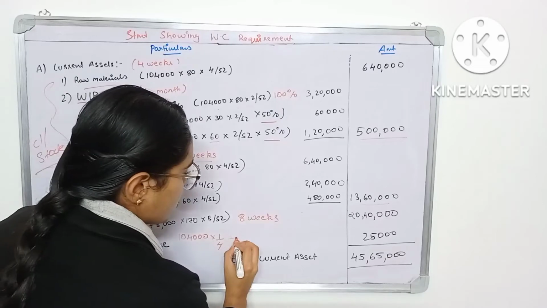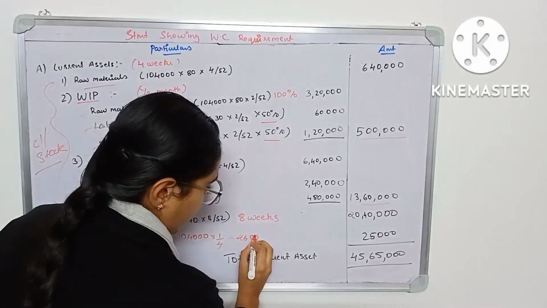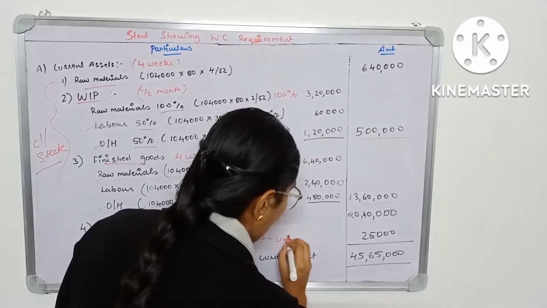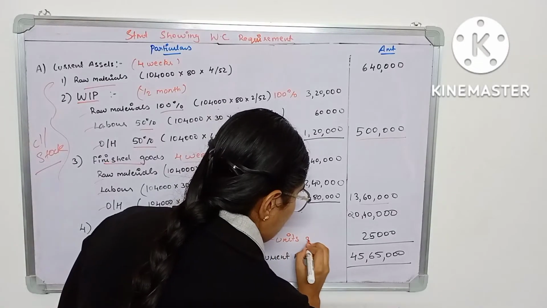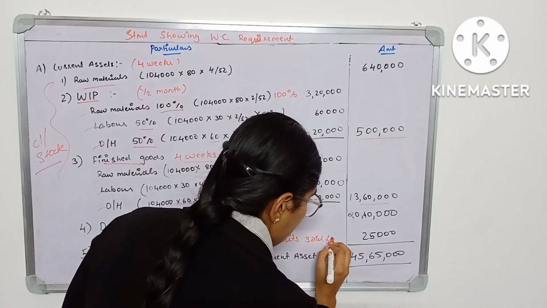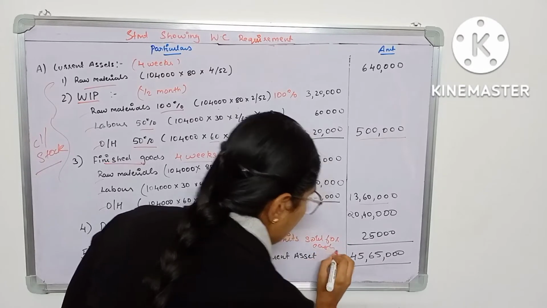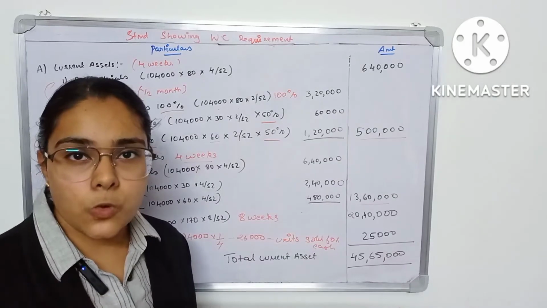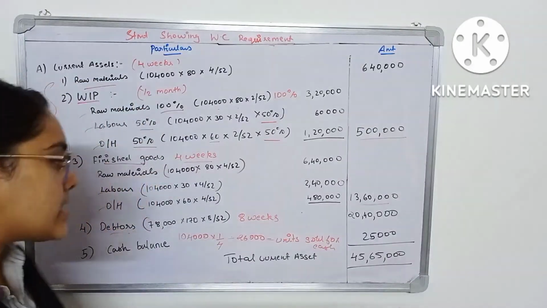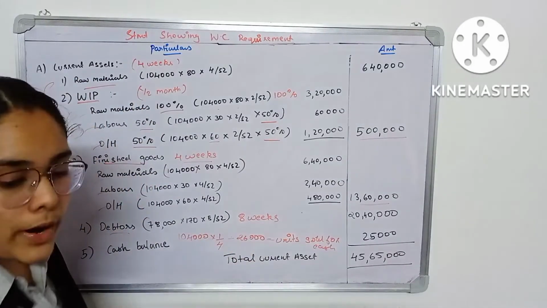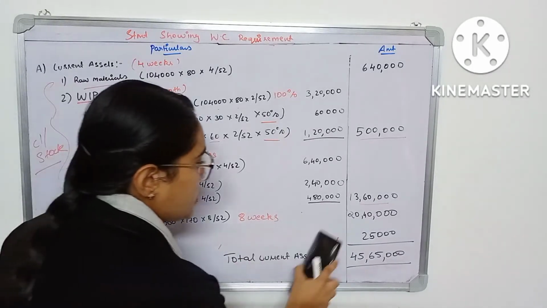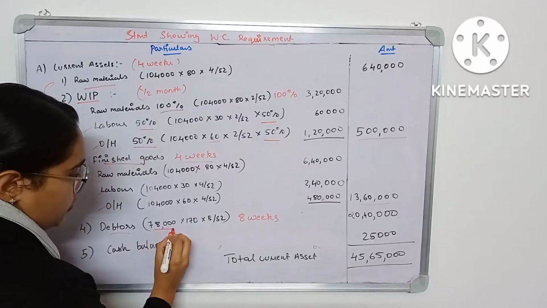So you get 26,000. It represents the units sold for cash. In order to find the level of output sold for credit, you have to subtract 26,000 from 1,04,000. Then you will get 78,000 units.